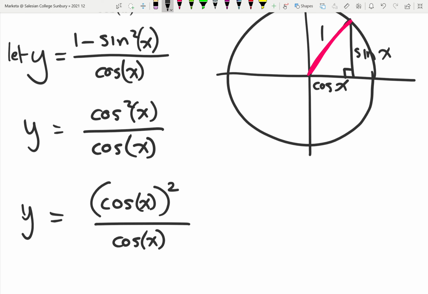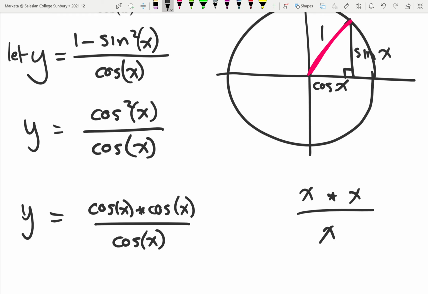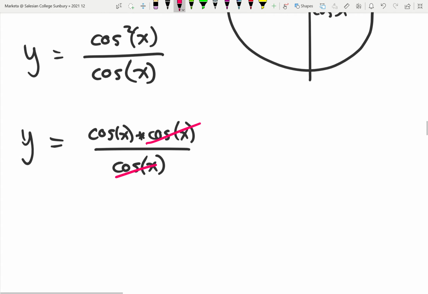Because if you know that, then you also would know that you're just timesing it by itself. So it's cos x times cos x. And if you had x times x over x, you would know that you could cancel one of those x's there. And that's exactly what we will do. So they have a partner, so we're left with y equals cos x.